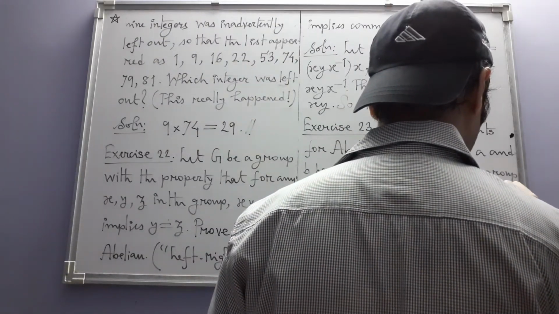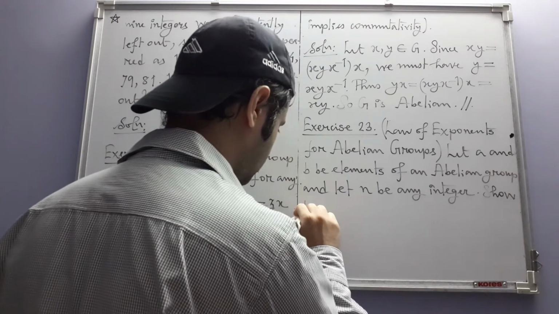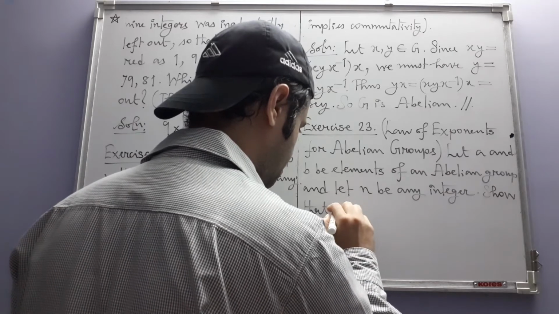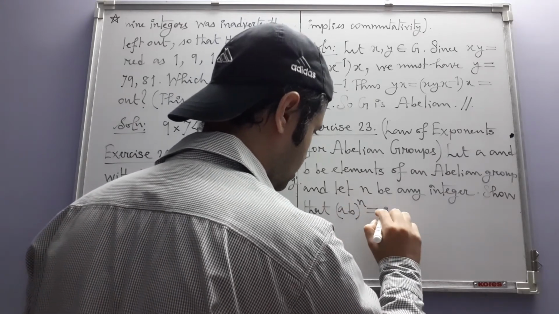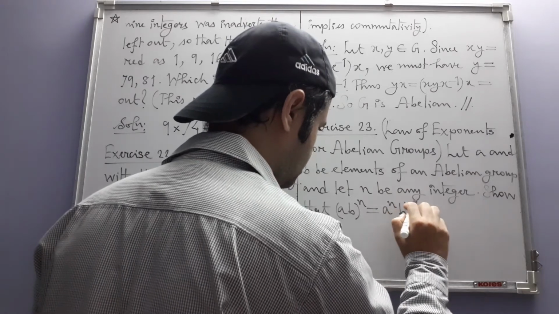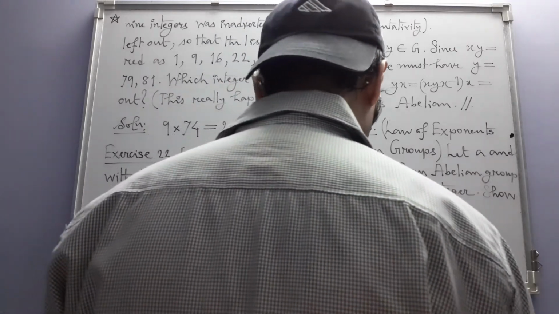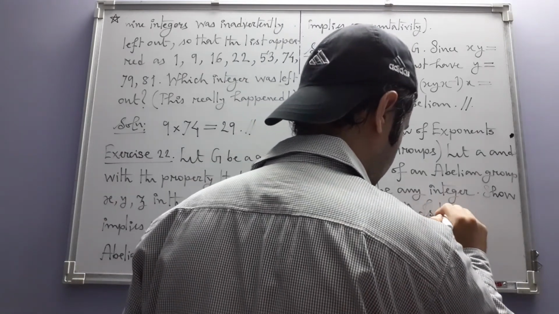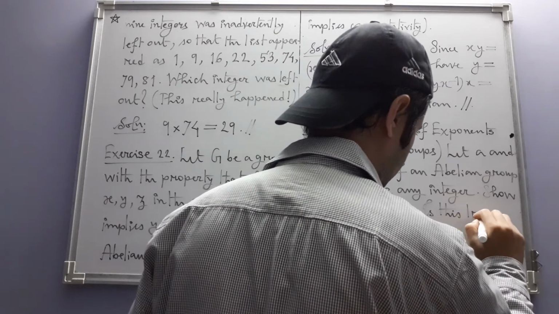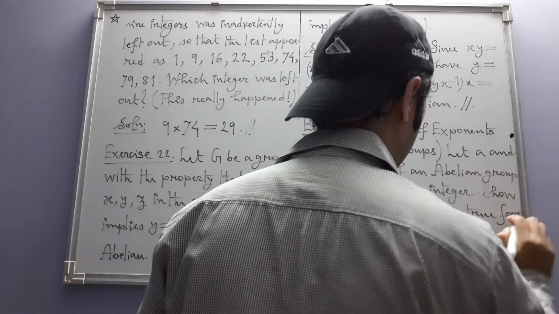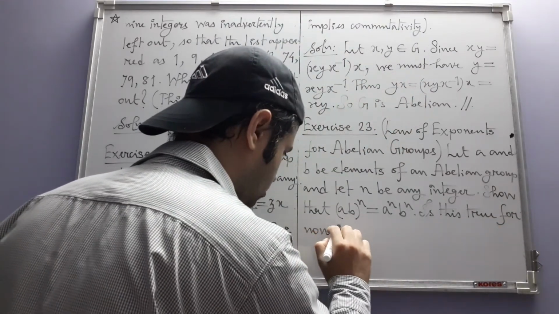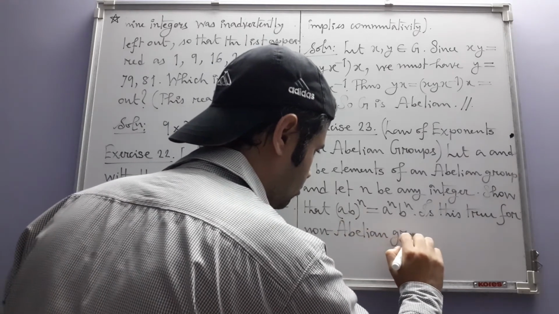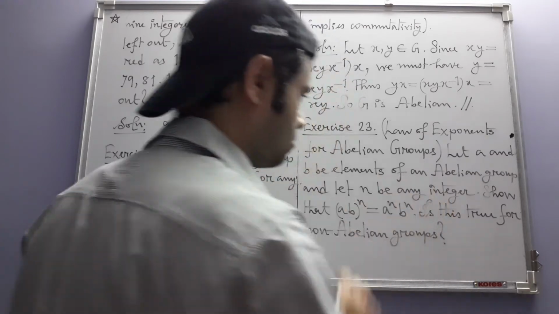Show that AB whole to the power n equals A to the power n times B to the n. Is this true for non-abelian groups?